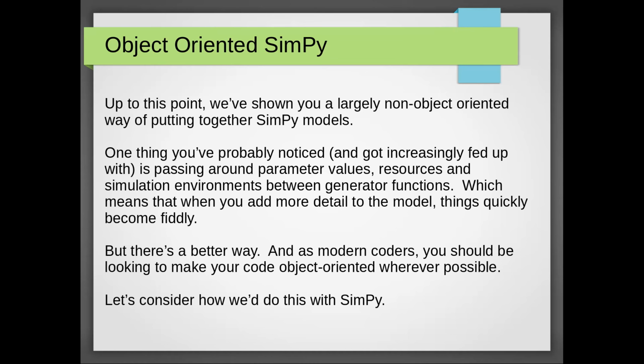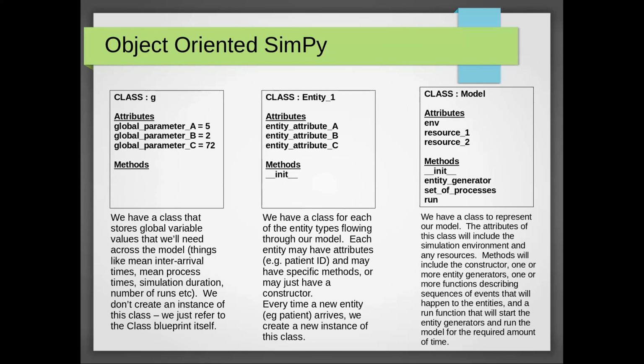And arguably, some of those ways are slightly better. But to avoid confusion, I'm showing you the official SimPy way. But as I say, feel free to play around with that, and if you find other approaches work better and more elegant for you, then that's absolutely fine. The key thing is to put this into an object-oriented structure. So the way I'm going to show you is basically the SimPy official way, if there were such a thing.